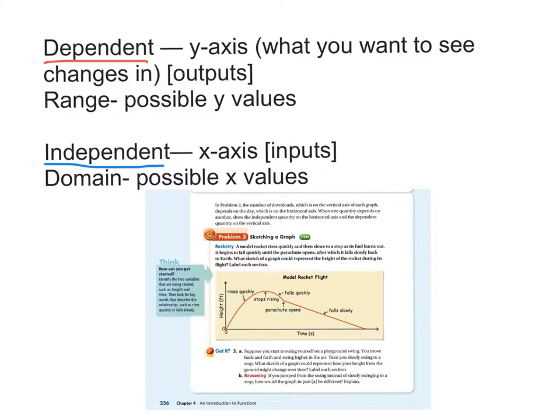Those are also called outputs, and then the range is the possible y values that we could have. Independent variable is on the x-axis. Those are inputs. So it's kind of like a function machine, they say sometimes. You put something in, you get something out. So you put in an x, and then you see what y value that gives you. And that's domain, is the possible x values that we could have.